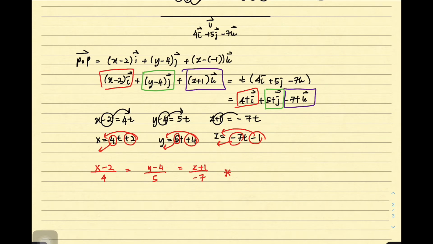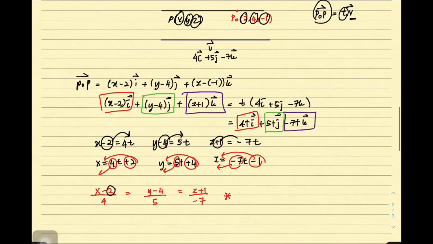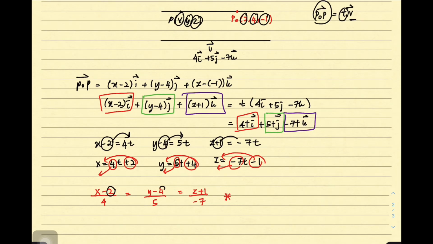Kalau awak tengok, okay, the hint is, kalau awak tengok dekat Cartesian form ni, the point here is the point on the plane 2, 4, negative 1, and the point below here is the vector that parallel to the plane 4, 5 and negative 7.